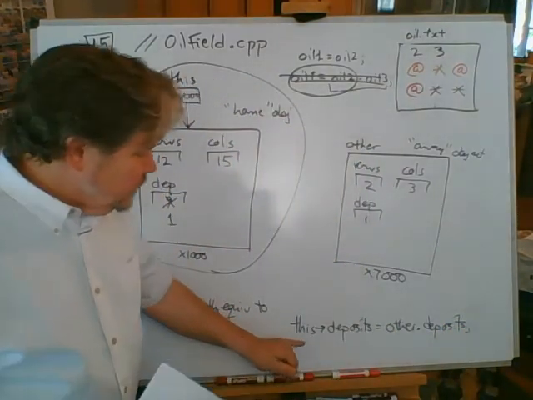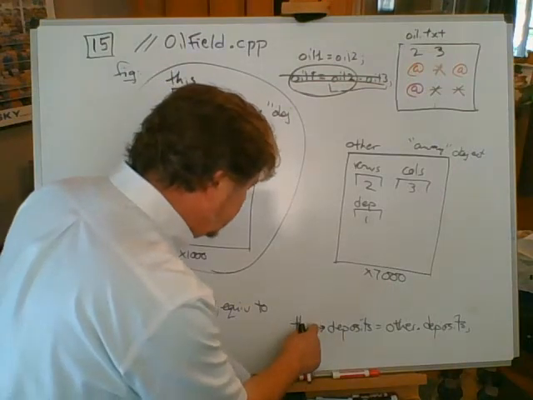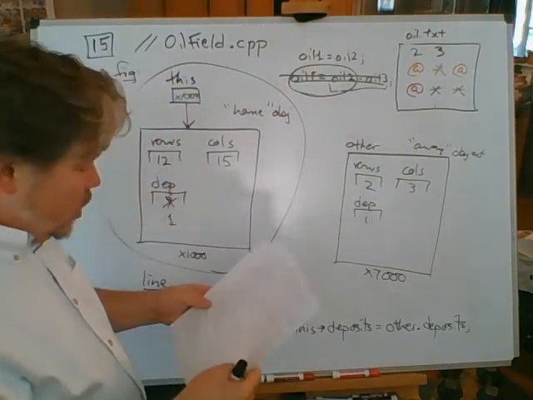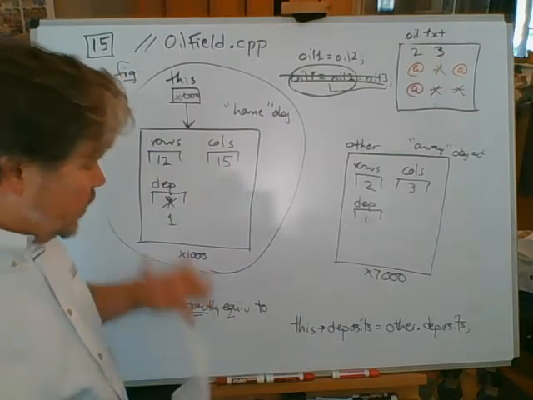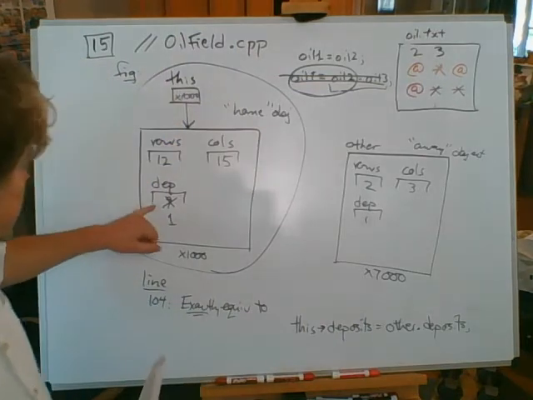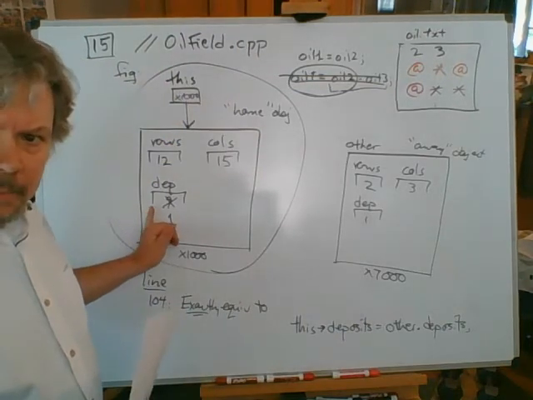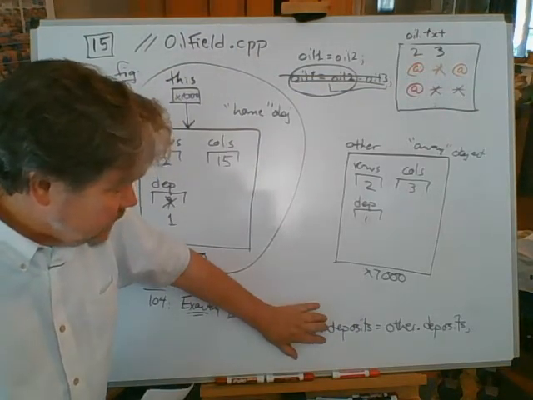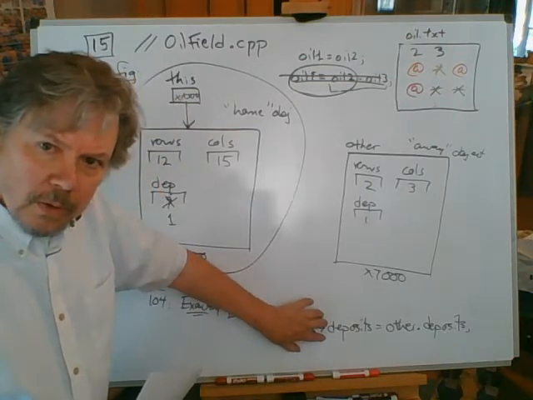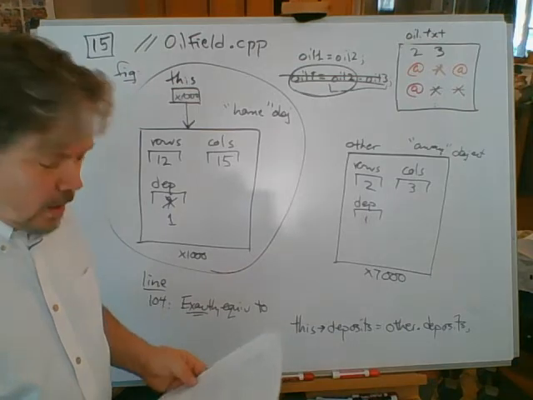You don't have to use the this here, but you can. The this is a pointer to the object that I'm inside. So I could have written line 104 for emphasis to say I'm copying the other deposits into this deposits over here, this arrow deposits. But I don't actually have to have the this arrow because this is not ambiguous. It knows exactly which deposits I'm talking about if I leave off any qualifier out front.